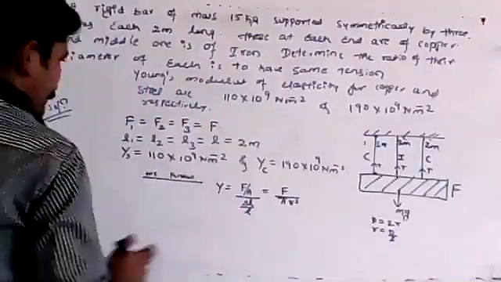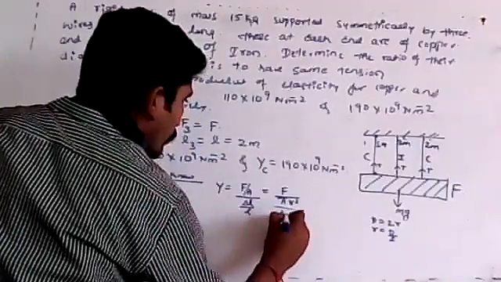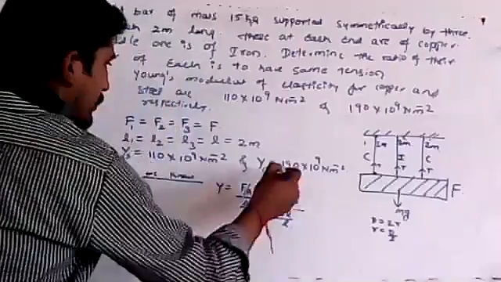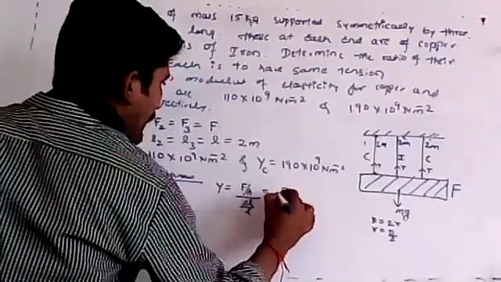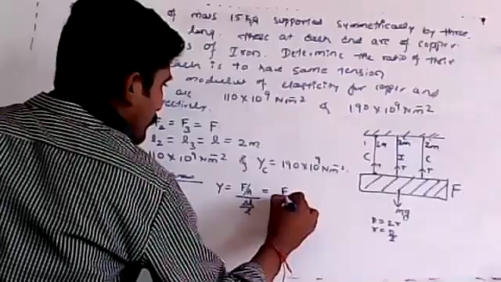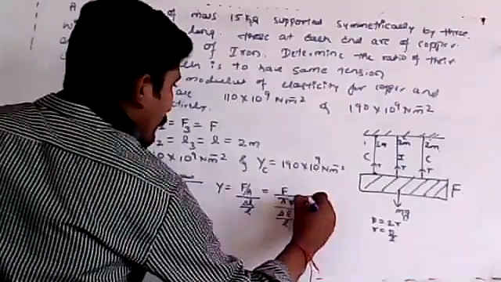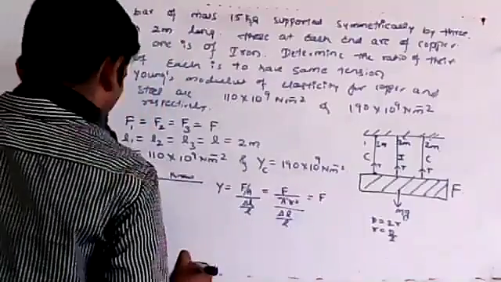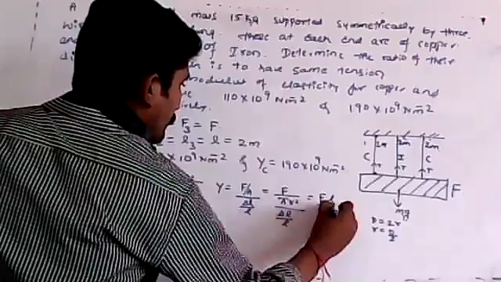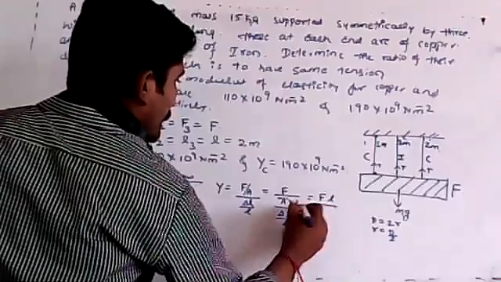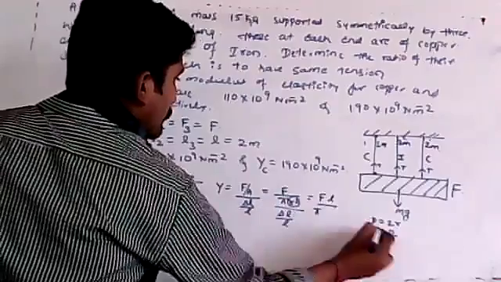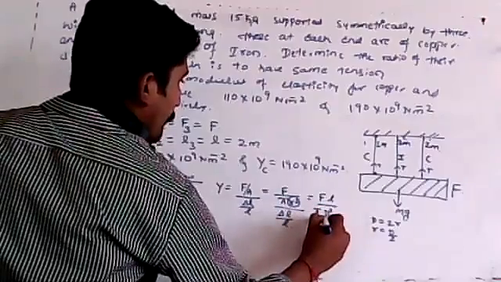So once I apply this rule, there is no need to write all these things. For your convenience only, I have written everything. Just try to understand now. F into L, and pi r square can be written as D square by 4.